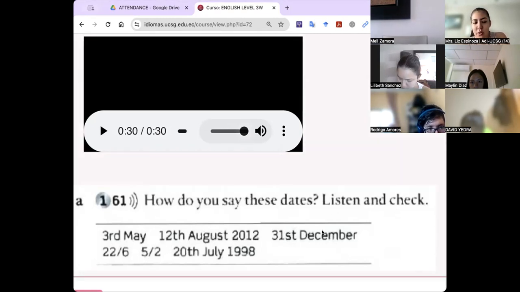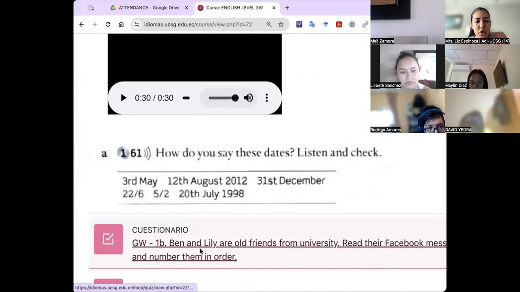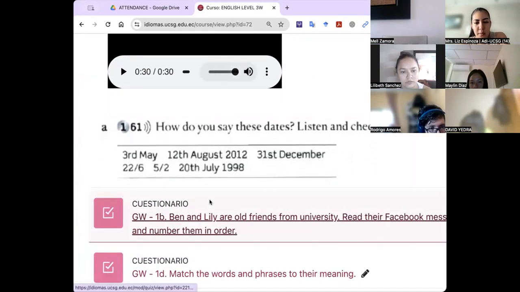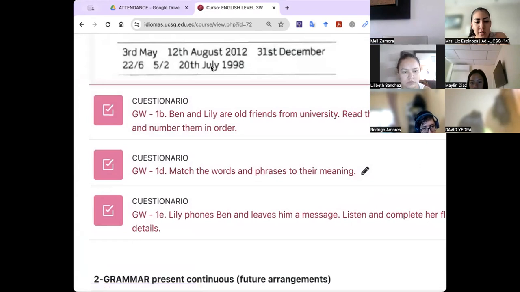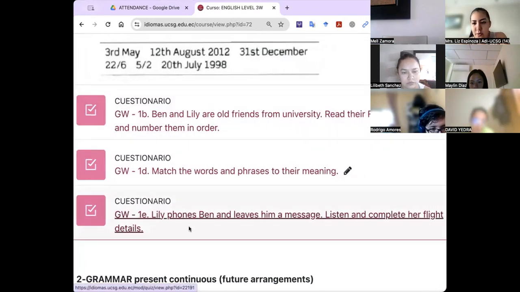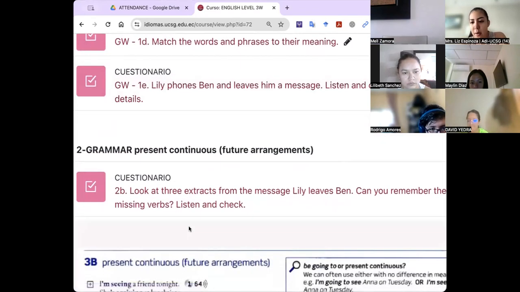It's also another way to say it, but we are just reading the way we have it written here, okay? So you're going to see some information regarding these dates in the 3 activities, okay? So I can go directly to grammar.